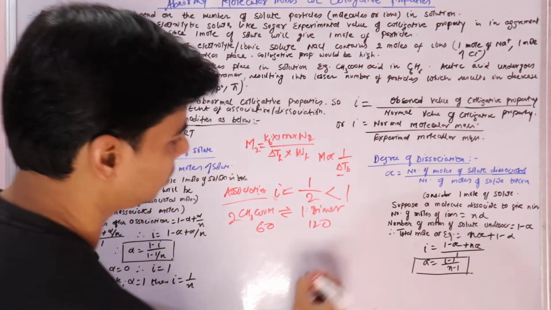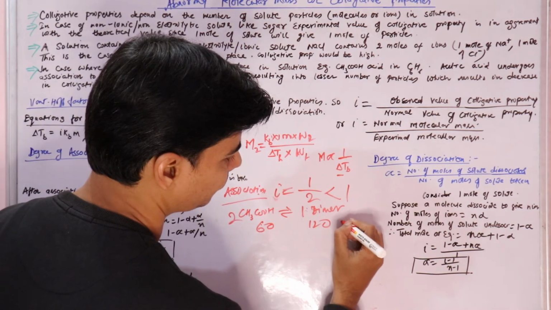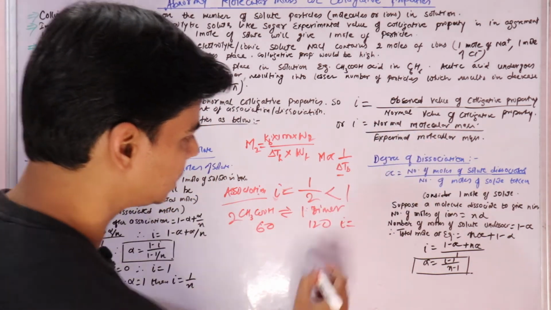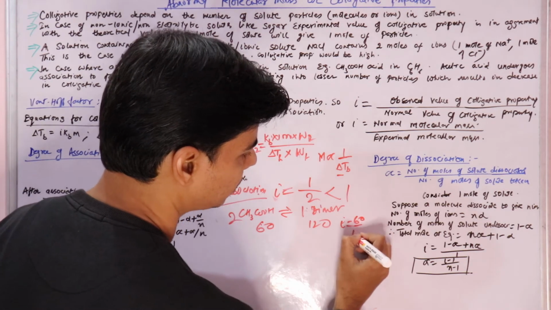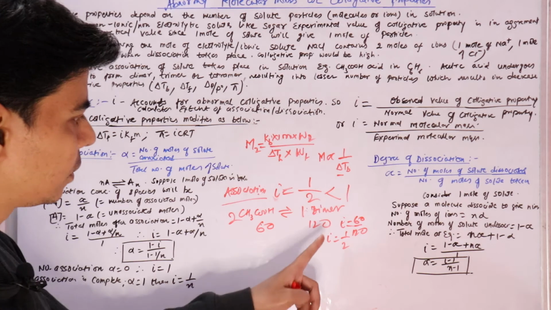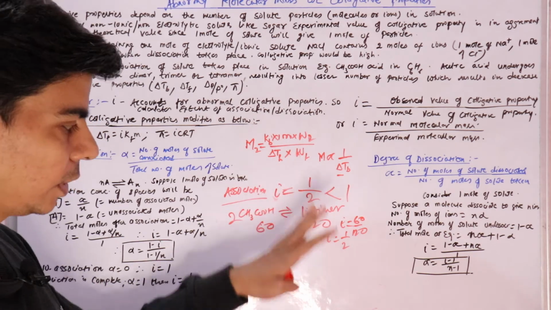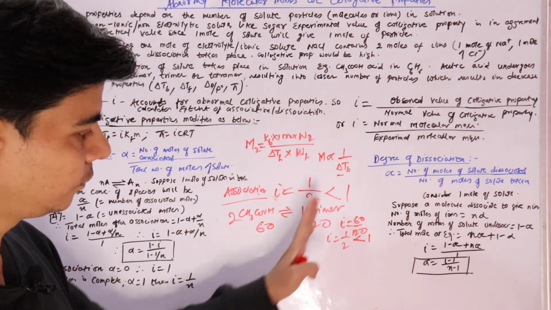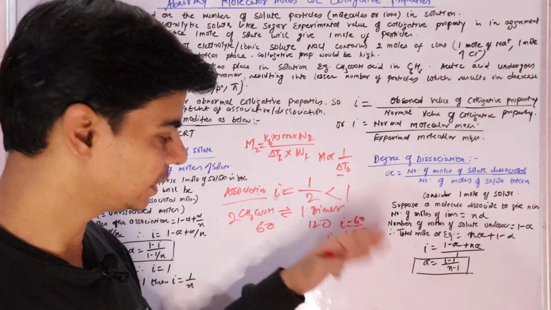So let's calculate the value of i here. i would be equal to the normal molecular mass 60 over the observed 120, so i was 1/2. So i would always be less than 1 for the case of association.